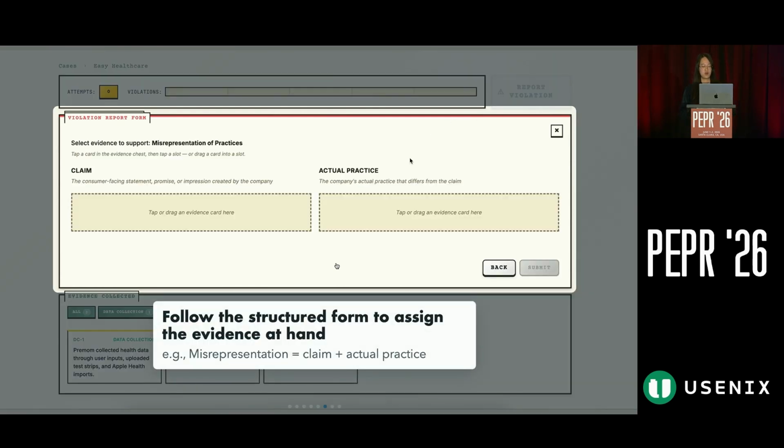When they file a report, they follow the structured form to assign the evidence at hand to each slot. For example, when they report a misrepresentation, they need one evidence for the claim and one for the actual practice that contradicts the claim.